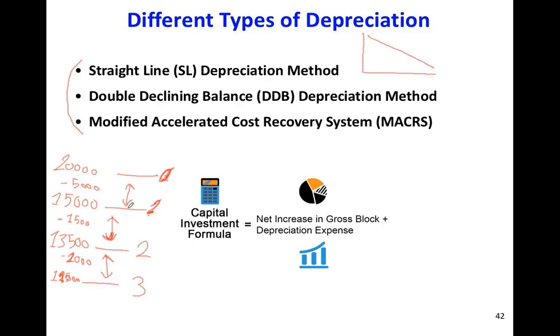Let's say each year we had a reduction of 2,000, then it was a straight line depreciation method. It's a linear relation. Each year the reduction is the same. We have another method, called double declining balance, DDB, and also modified accelerated cost recovery system, MACRS.